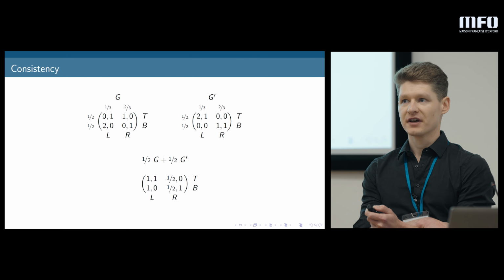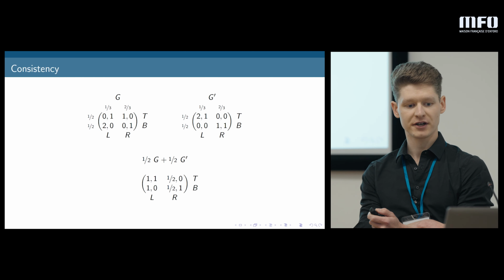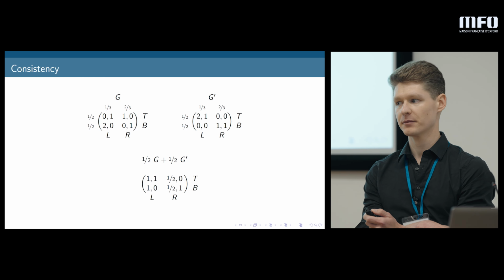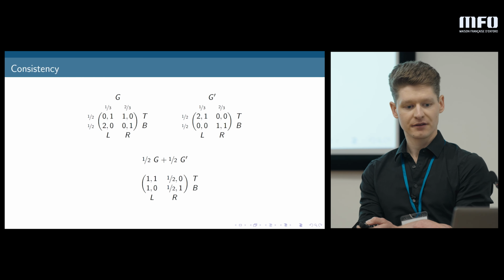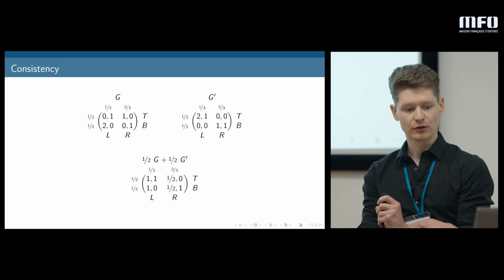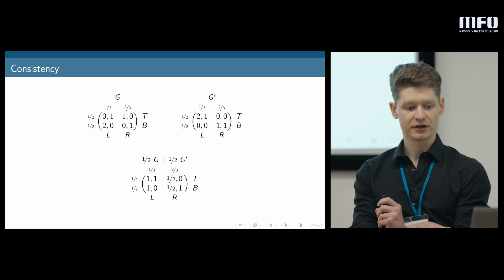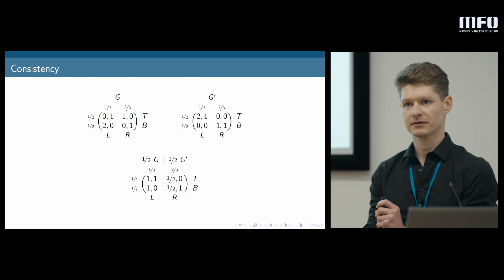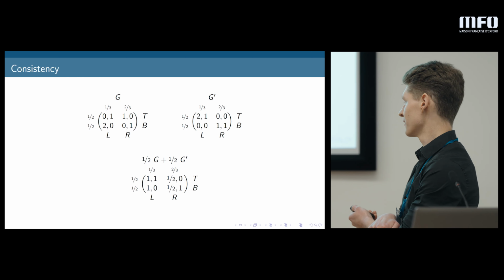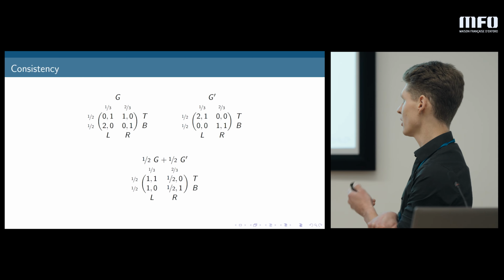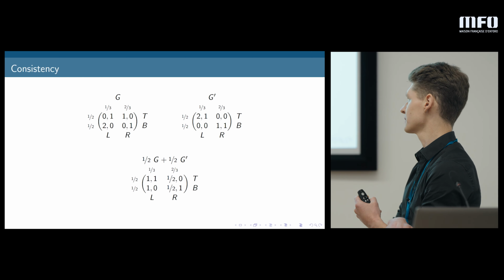And now the axiom says, suppose that the solution concept returns the same strategy profile in both of those games, then the same strategy profile should also be returned in the convex combination. Okay, and this has to hold not just for 1/2, but for any convex combination.